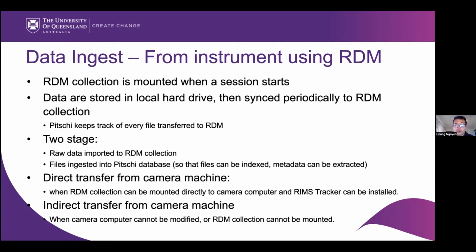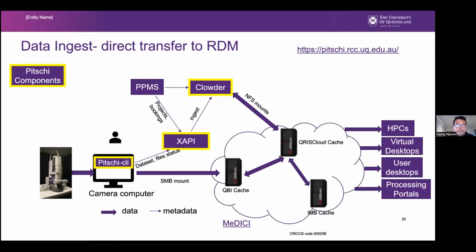With this method, we make use of a third-party computer. We call it the data transfer node, where the sync happens from the camera machine to the RDM. This diagram explains how the direct transfer works.